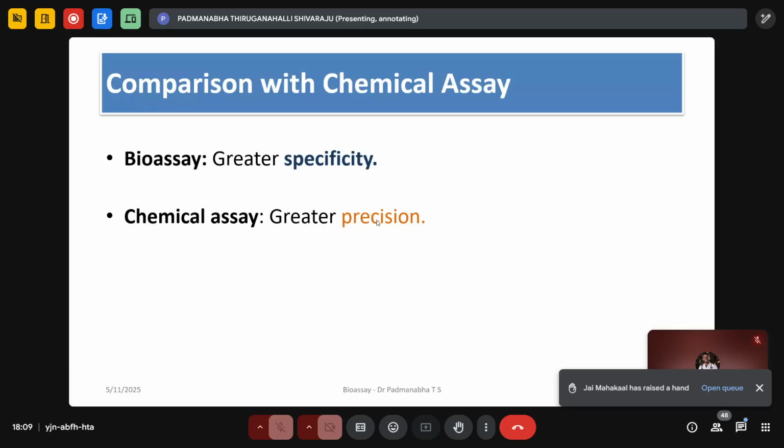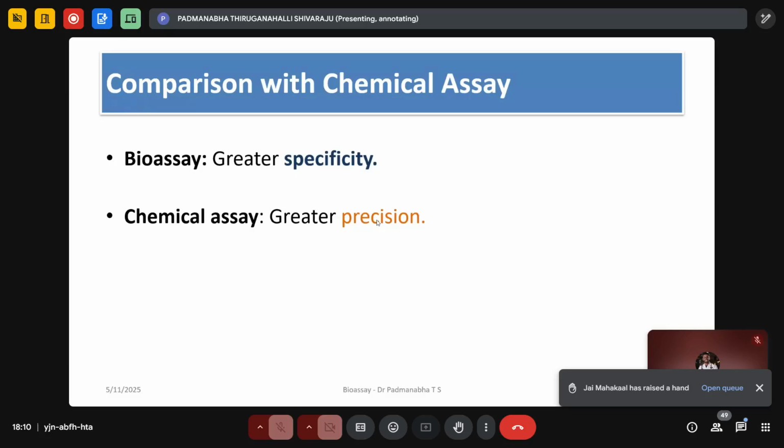That specificity we are seeing. Whether that antibiotic is specific to that organism, whether that antibiotic is inhibiting the growth of the organism, and so on. So that tells about the specificity. Bioassay gives us the greater specificity, whereas the chemical assay gives us the greater precision.